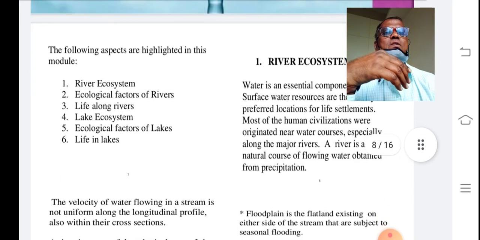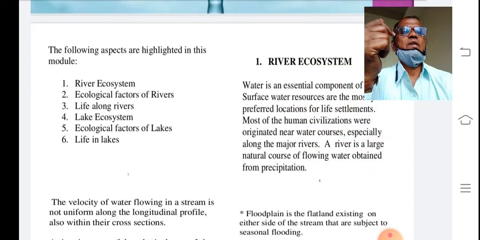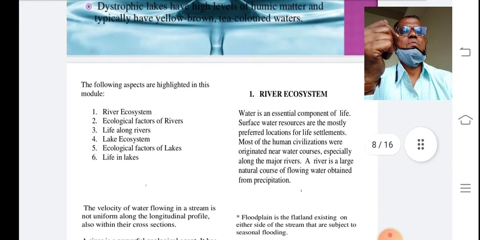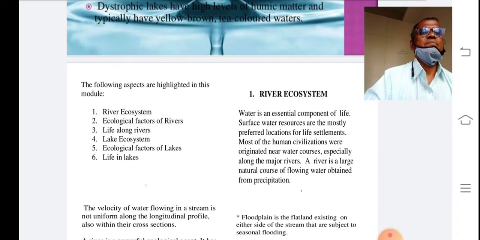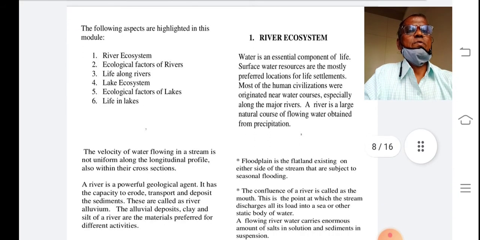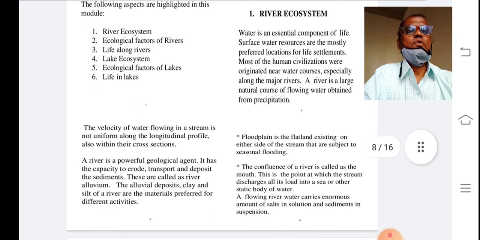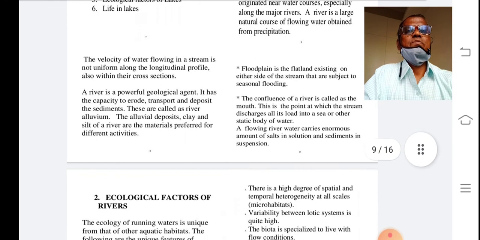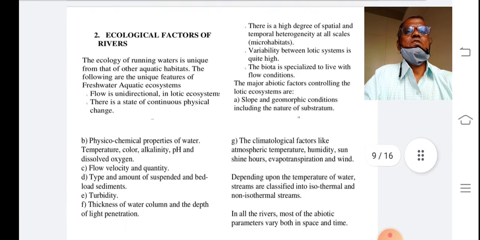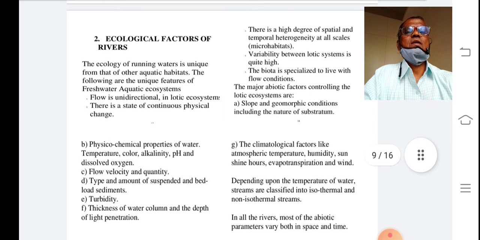Then in the river ecosystem, we may discuss in detail. For the study of the river ecosystem, it shows different types of conditions: velocity of water, depth of water, food chain in the water, local disturbance, and ecological factors of rivers.